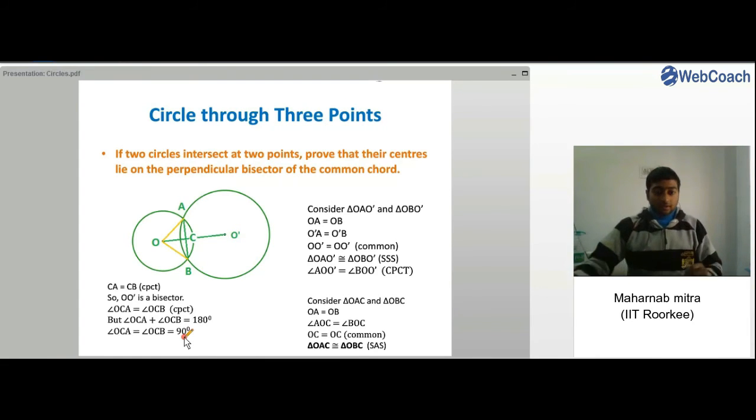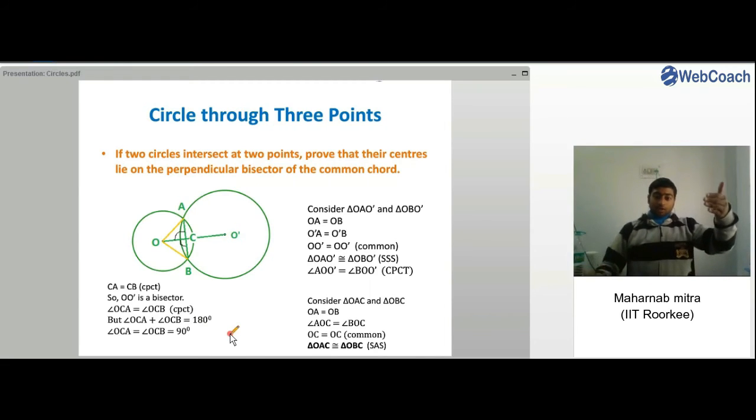So angle OCA equals OCB equals 90 degrees, or we have proved that these lines are actually perpendicular to each other.